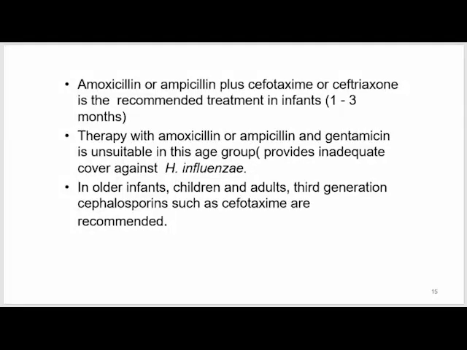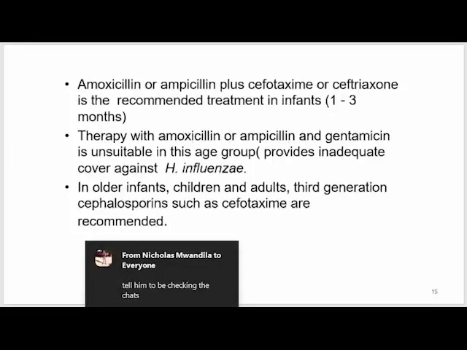Then for infants between 1 to 3 months, you can use amoxicillin or ampicillin plus cefotaxime or ceftriaxone. Okay. Then for older infants and adults, cephalosporins such as cefotaxime are recommended.